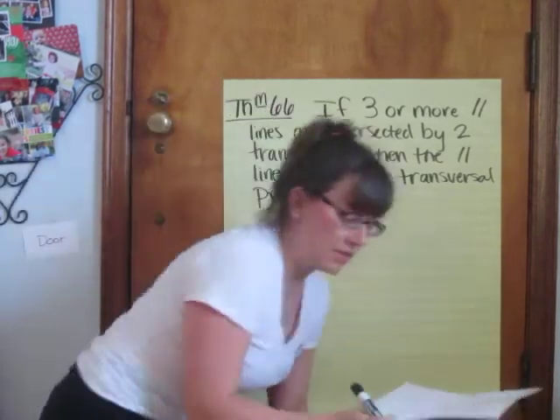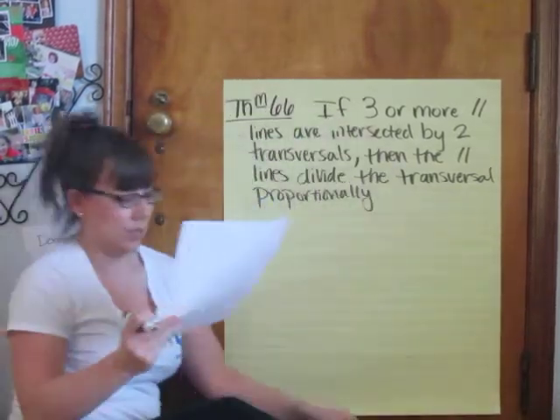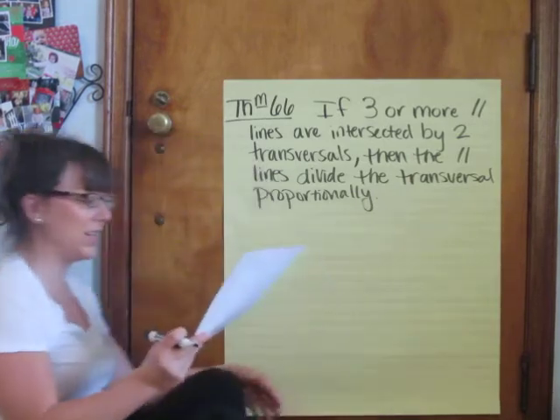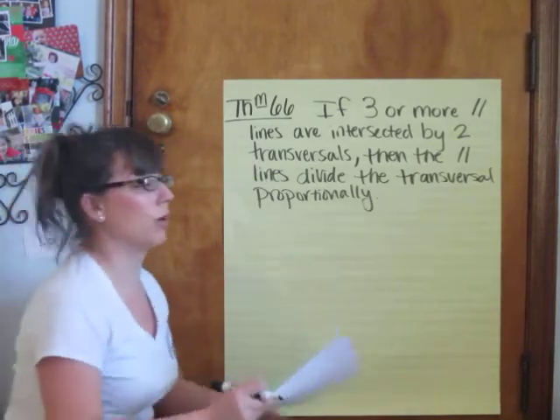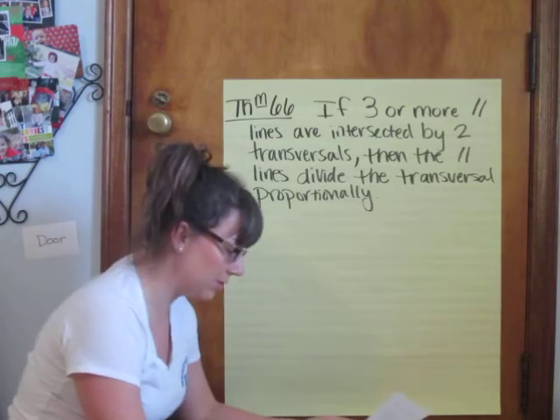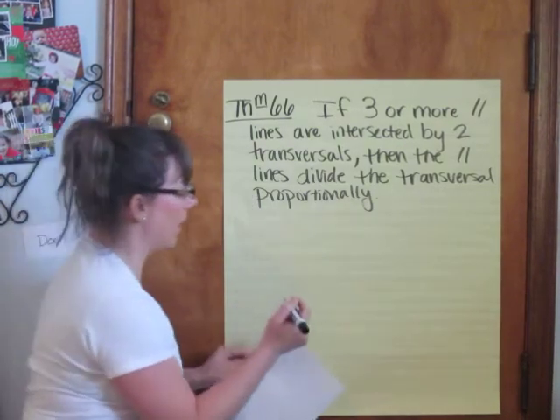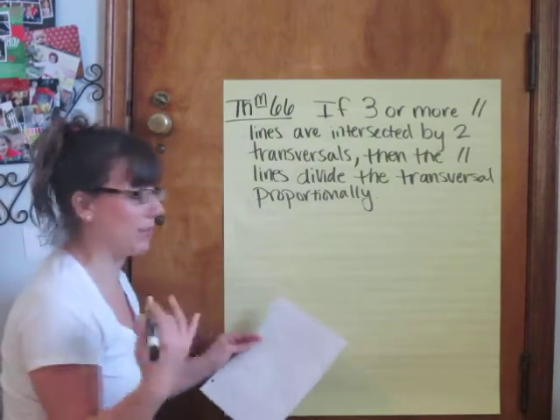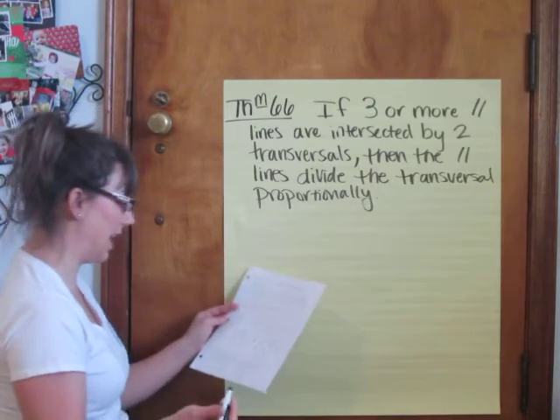No fancy name for this theorem, just know and understand it. This is one that you will more than likely not use in geometric proofs. For me, you will use these to do actual math problems, algebraic problem solving for missing side lengths.